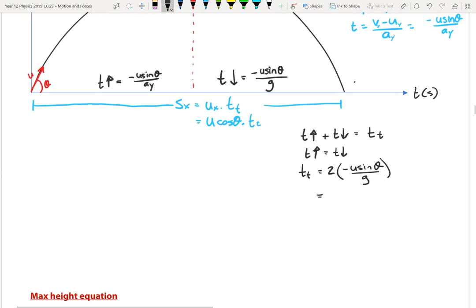So I could make an expression: negative 2u sine theta over g. So the total time is the same as the turning point. It's dependent on three things: how fast you throw it, the angle that you throw it to the horizontal, and the gravitational acceleration that you're in. I'm going to call this equation 1 because we have an equation for t which we can sub in to something else.